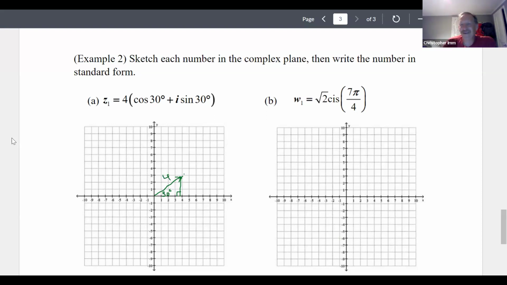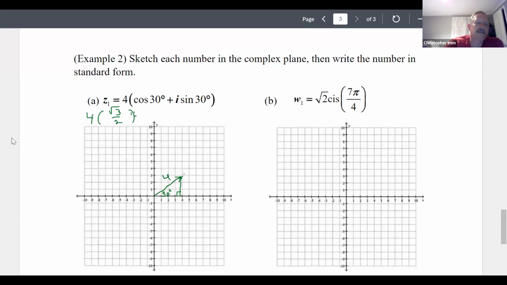Let's see how close I got converting this back into regular standard form. So all I have to do is compute the cosine and the sine. The cosine of 30 degrees is going to be root 3 over 2. And then the sine of 30 degrees, so I can sort of erase that there. Whoops. Let's see if I can just erase part of it.